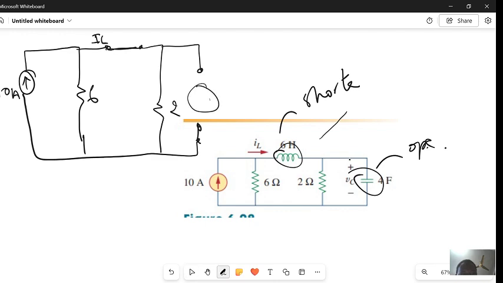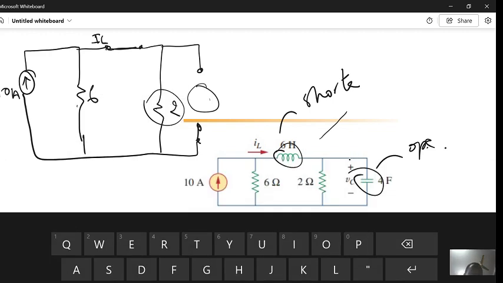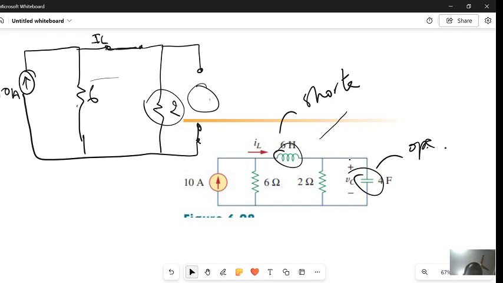This means the same current will flow through this resistor. And the 2 ohm and 6 ohm resistors are in parallel. So we know directly that I'm going to use current division, which we know from the previous video.